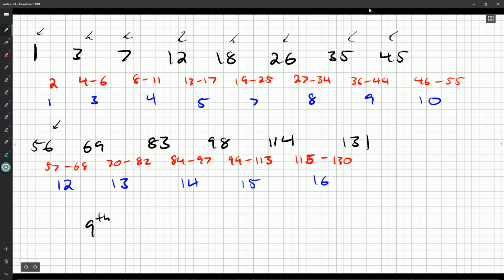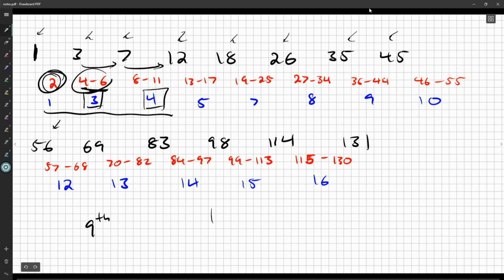Well, it's 1 plus the 2 plus the 4 plus the 5 plus the 6, so all 3 numbers in this range, plus all 4 numbers in that range. And that's 1 plus a total of 8 other numbers. So that'll get you from the 1st to the 2nd to the 3rd all the way up to the 9th. So my 9th term, which we know is 56, should be 1 plus all these numbers.